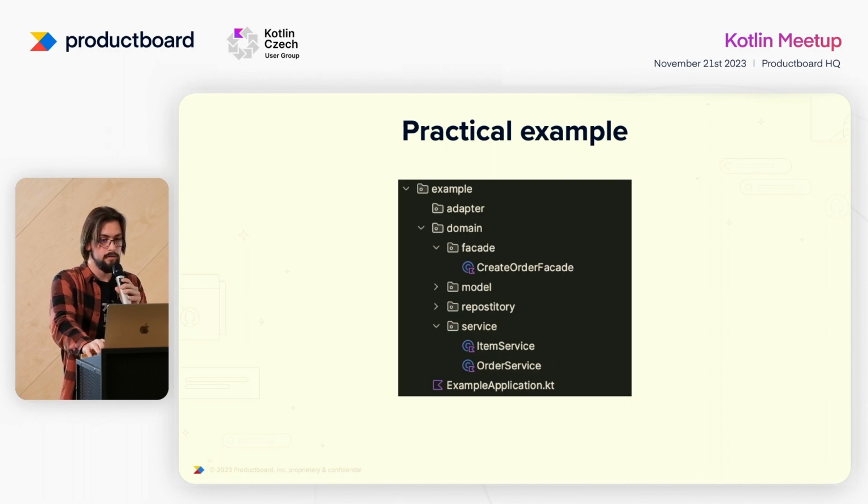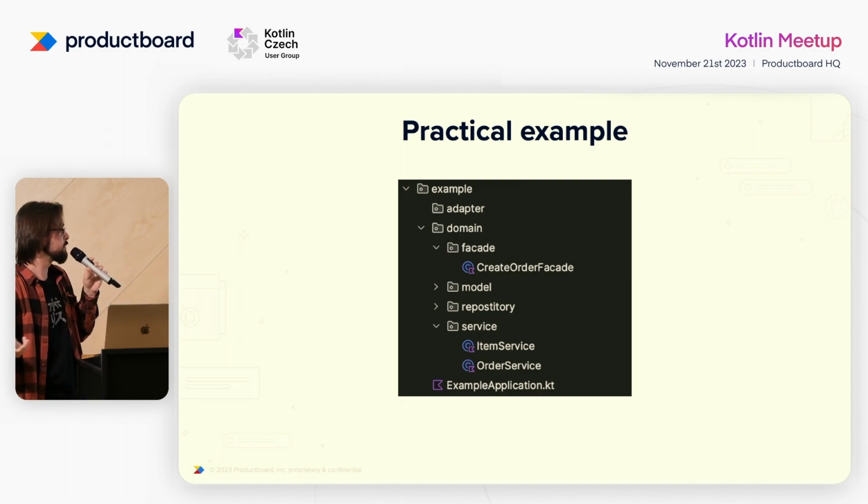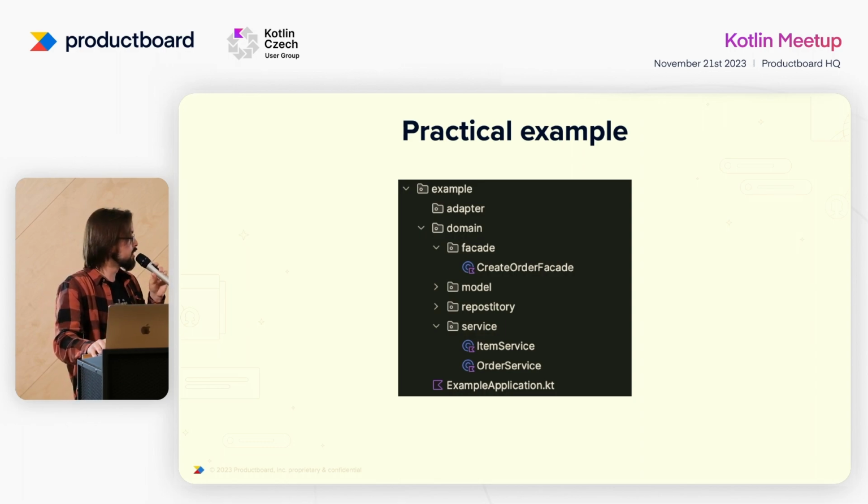Then we can have facades, services for business logic, and again, here there is a lot of flexibility on how you can actually create this. You might omit facades, or you can expand them in the future by creating packages based on business functionalities, like in vertical slices, for example.